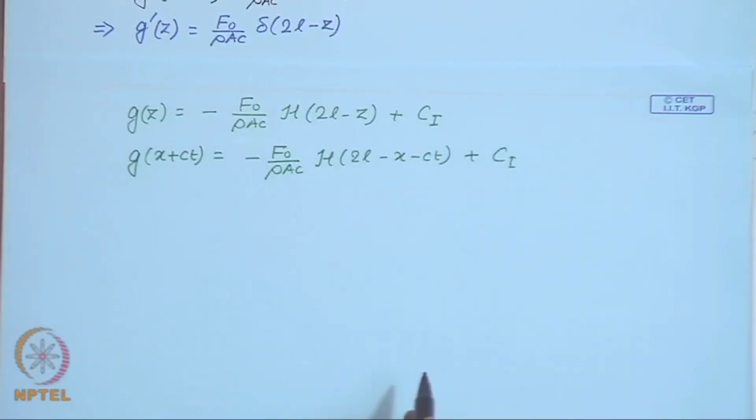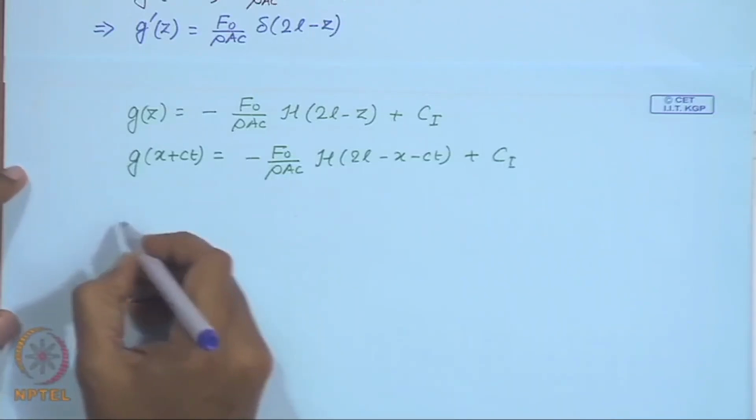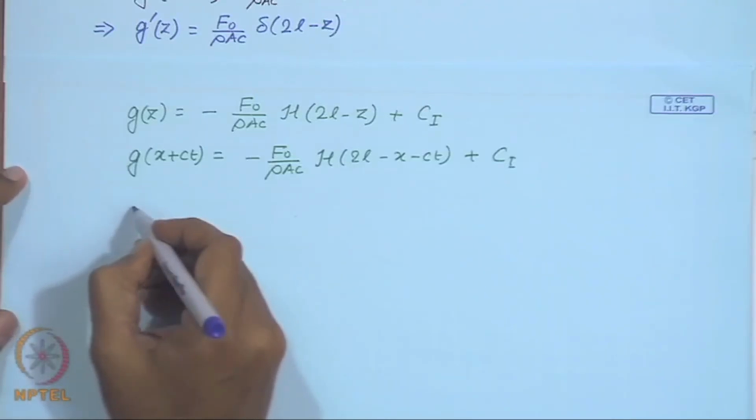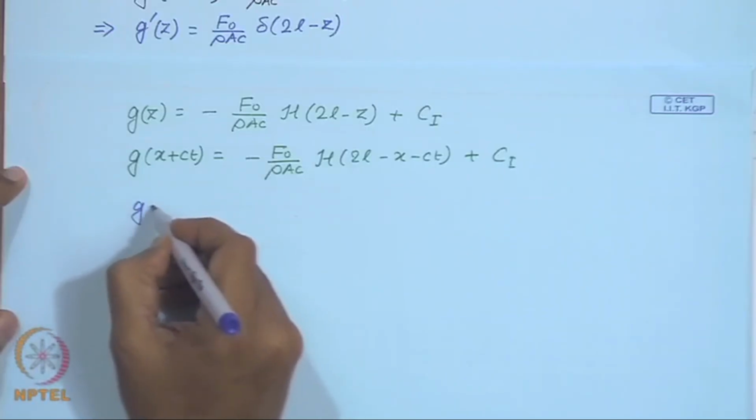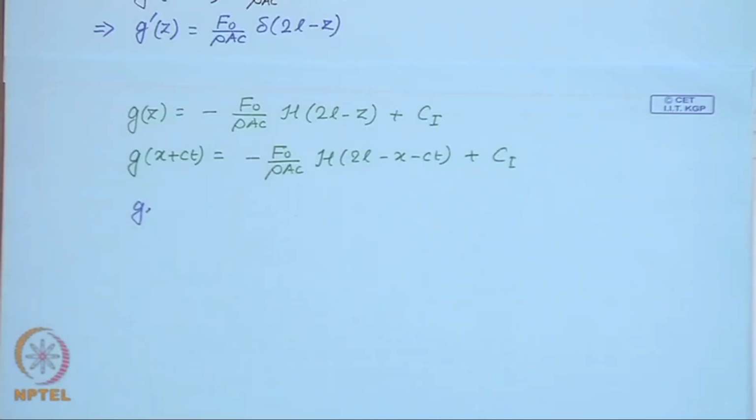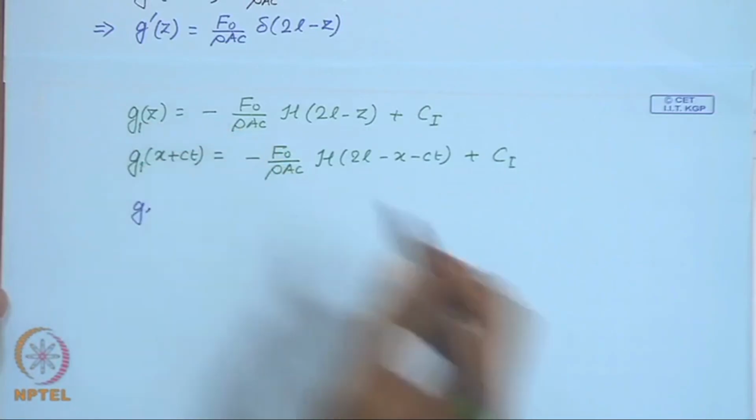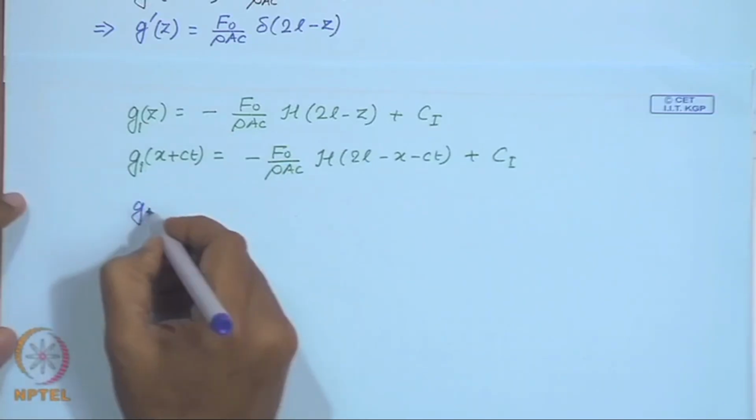Now we will use the condition that at t equal to L over C, this solution is 0. So, these are all g1.